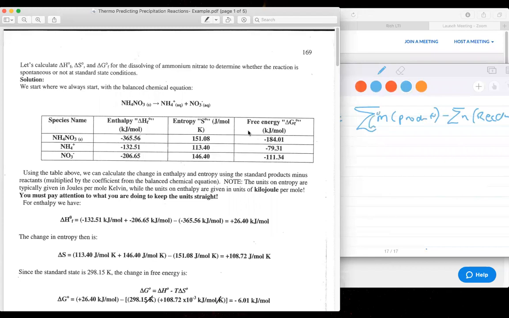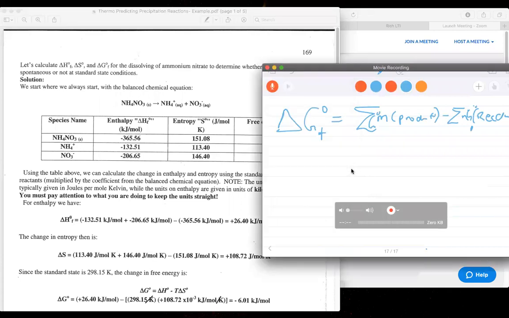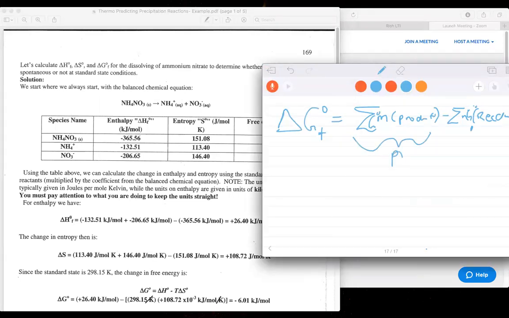This should be G naught for the product and G naught for the reactant, product minus reagent. The M and N stand for the coefficients in the balanced equation.